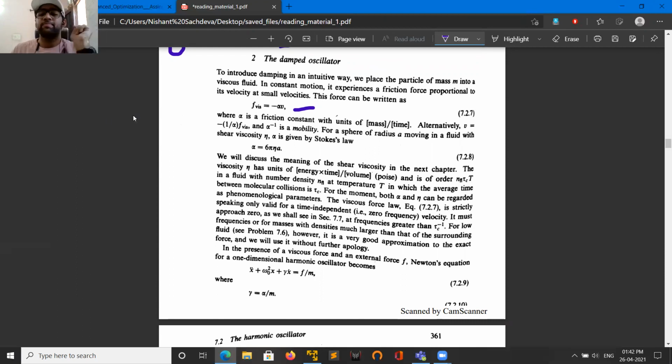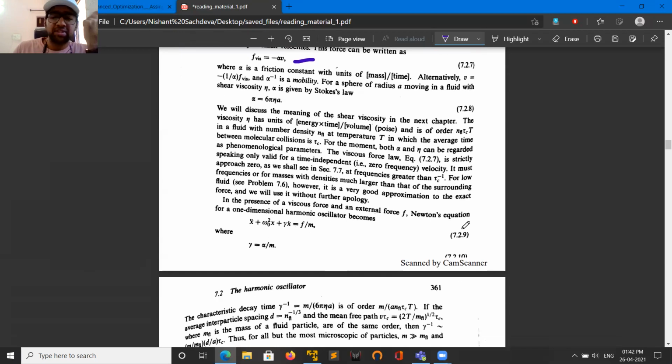As we shall see in section 7.7, it must approach zero at frequencies greater than tau inverse. What must approach zero? The viscous force law. It is valid for low frequencies or for masses with density much larger than that of the surrounding fluid. However, it is a very good approximation to the exact force and we will use it without further apology.